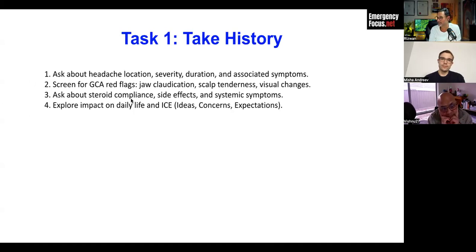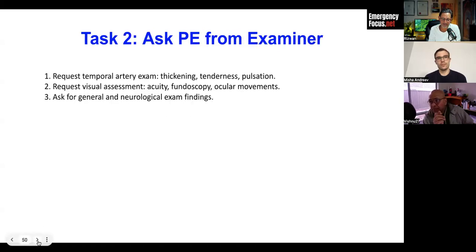Compliance might be affected, which may suggest the patient has a relapse, and that's what happens sometimes when I see these kinds of patients. They would be on a tapering dose of prednisolone, and then they would get a relapse. So ask not only what dose they're taking, but whether they've reduced the dose either drastically or suddenly, or if their dose has been reduced by their immunologist for some reason. Impact on daily life, obviously, is very important from every scenario point of view.